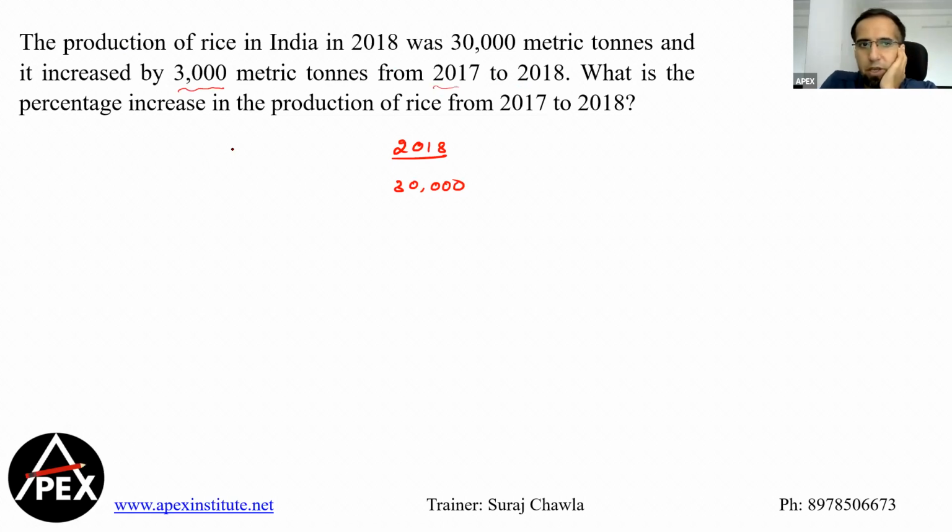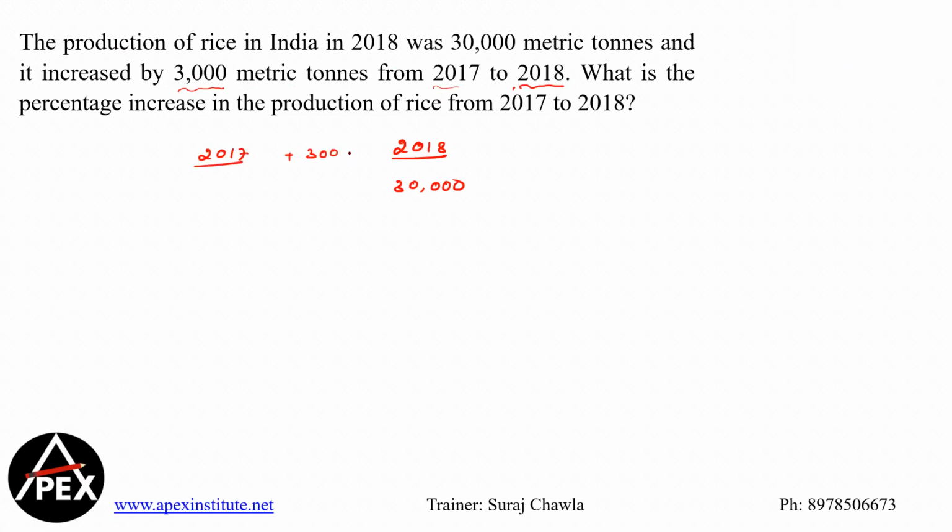So can I say the production in 2017 plus 3,000 is equal to the production of 2018? Is this point clear? Which means, can I say production in 2017 was 27,000?